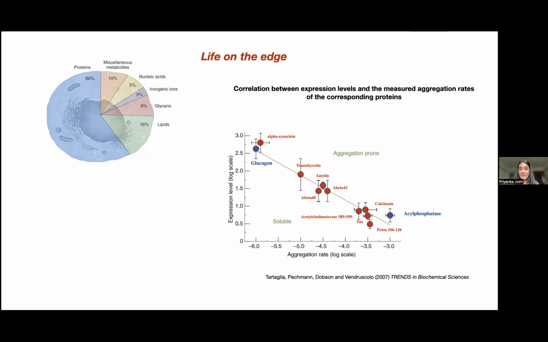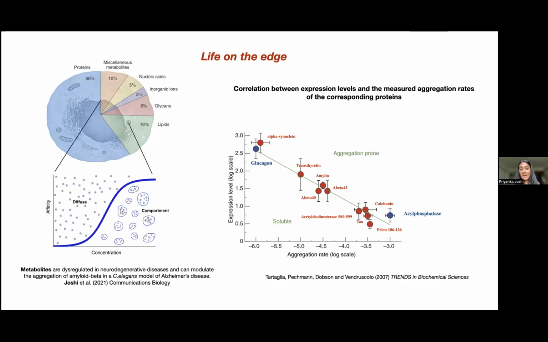So there is a correlation between their expression levels and their aggregation, meaning that even if there is a slight disruption because of any kind of external stimuli, they might aggregate. And I have hypothesized that such a thing can also exist in the case of metabolites, where they also exist within a threshold, and because of environmental stimuli, they can also compartmentalize and form either membraneless compartments or aggregates.